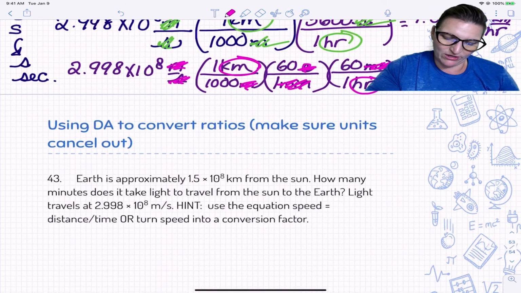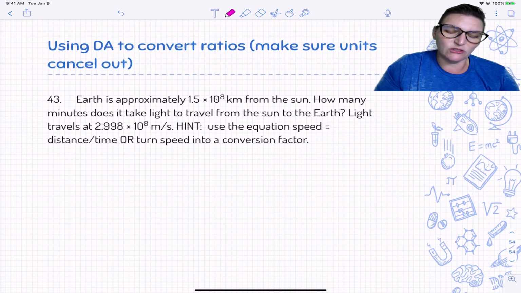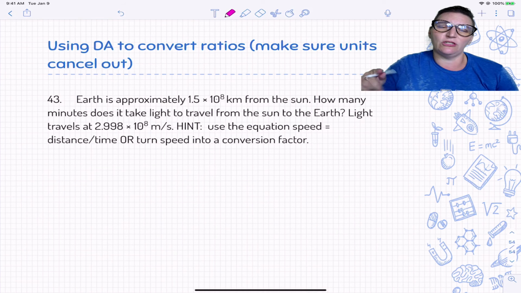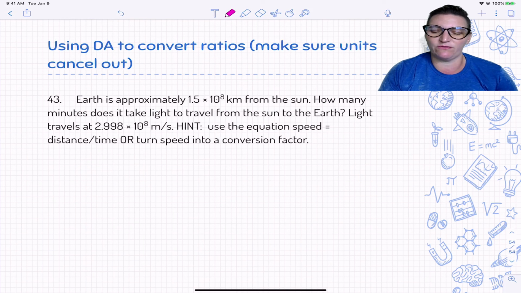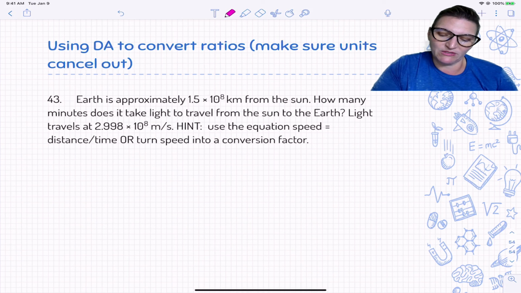The last question is sort of a challenge question to encompass a whole bunch of different strategies that we have learned over the past few videos. It says Earth is approximately 1.5 times 10 to the positive 8 kilometers from the sun.